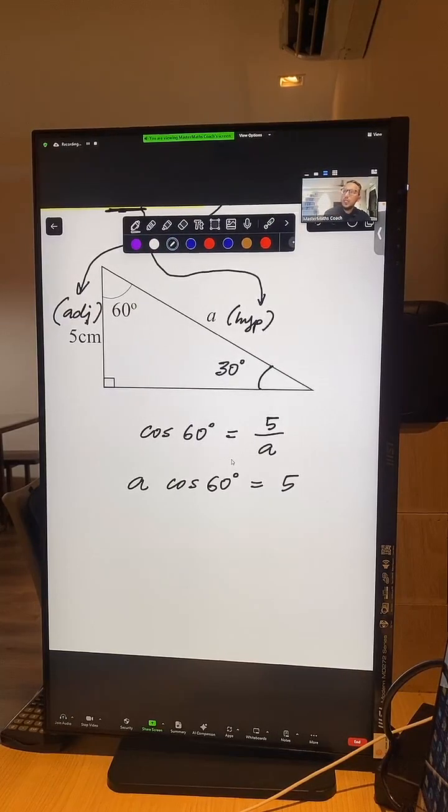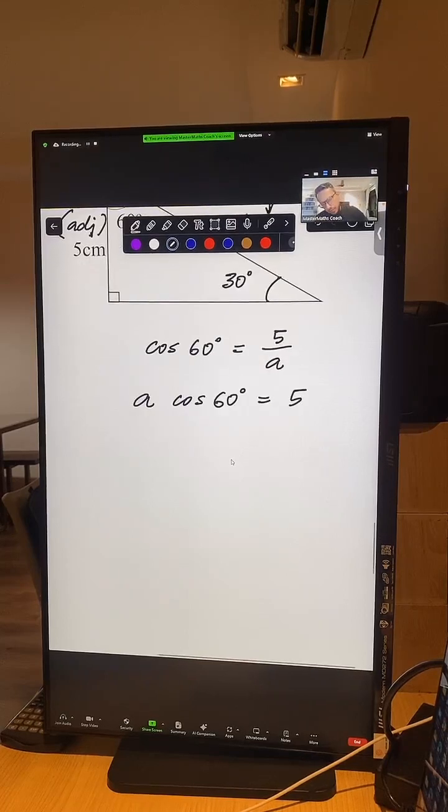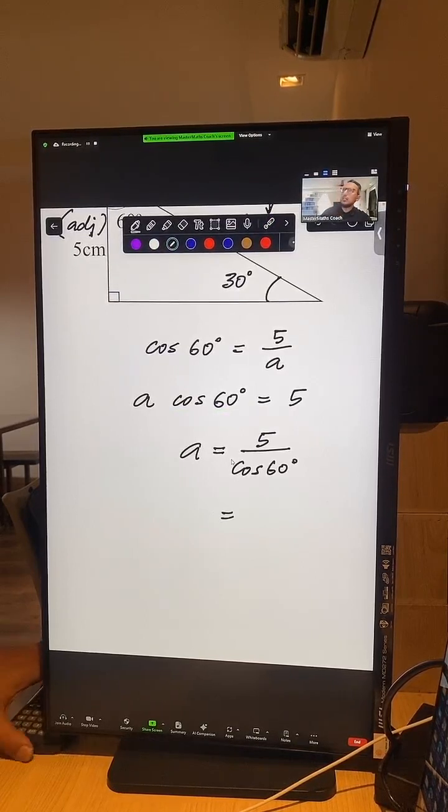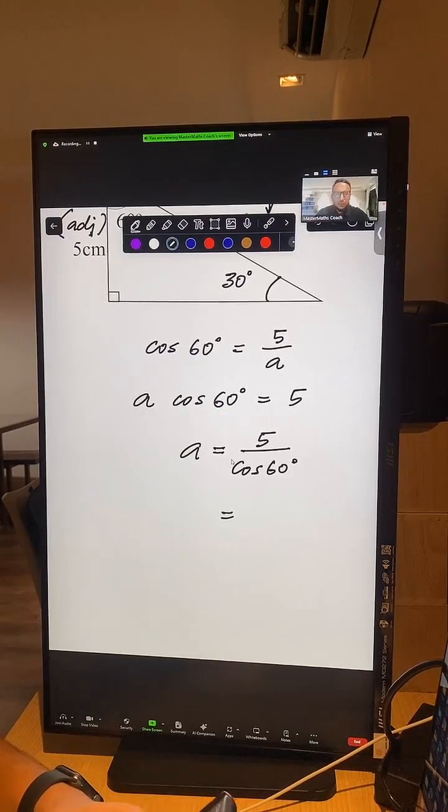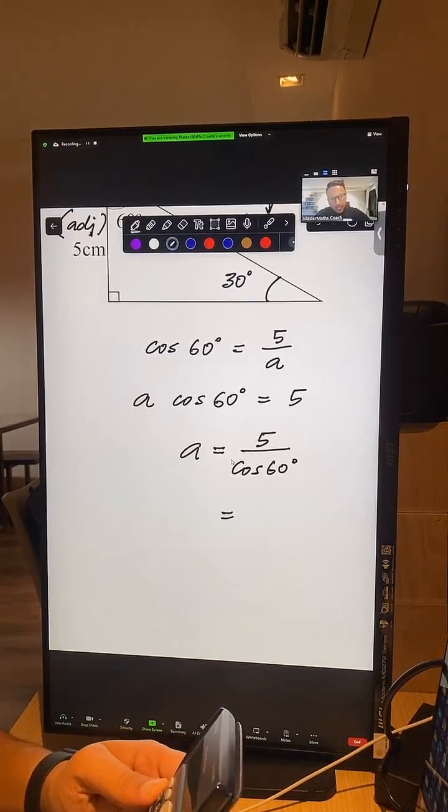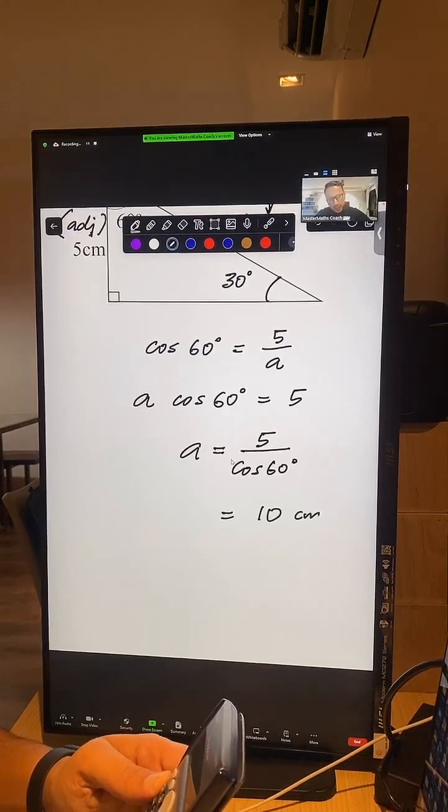Okay, and then I want to just find my A. I don't want A cosine 60, so I must isolate my A. So now I divide both sides by cosine 60. So this will give me A equals 5 over cosine 60 degrees. Now take out your calculator. You take 5 divide by cosine 60, and that will give me 10 cm.